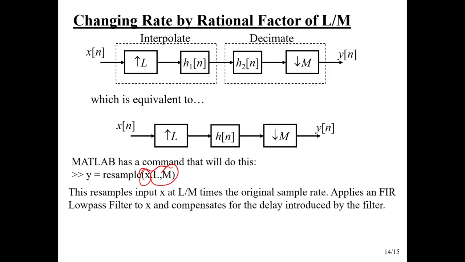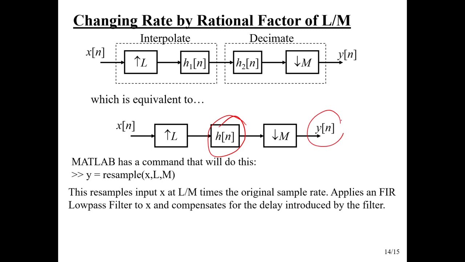And so it will resample the input x at a rate of L over M times the original sampling rate. And it applies some FIR low-pass filter. There's a default method that it uses to figure those out. I think it just does it in a single stage. And then here's a cool thing, right? We know that filters cause delay.